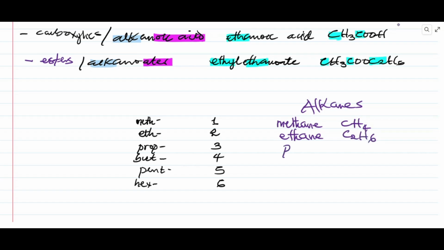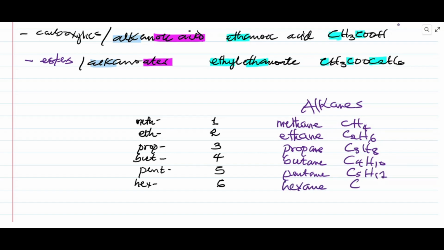The 3 carbon, that is propane, C3H8. 4 carbon atoms, it's going to be butane, C4H10, and then pentane, C5H12, and hexane, that is C6H14. So we have the first 6 members of the alkane family.